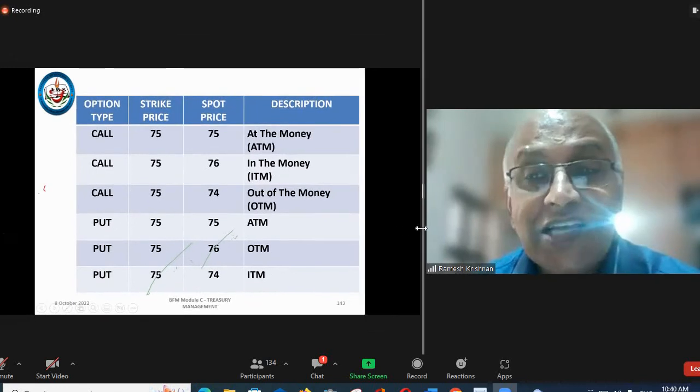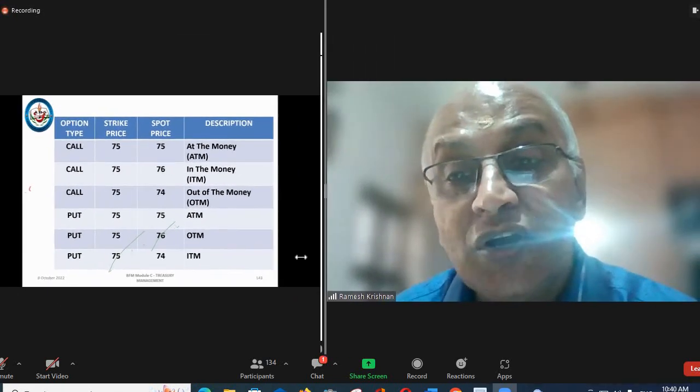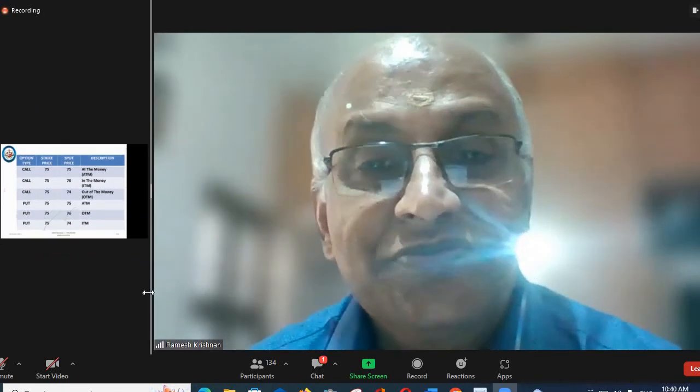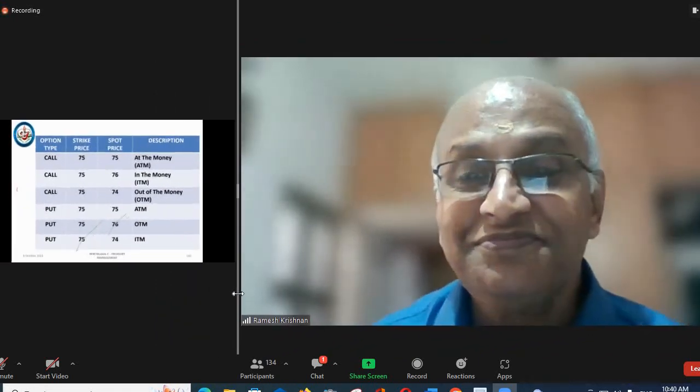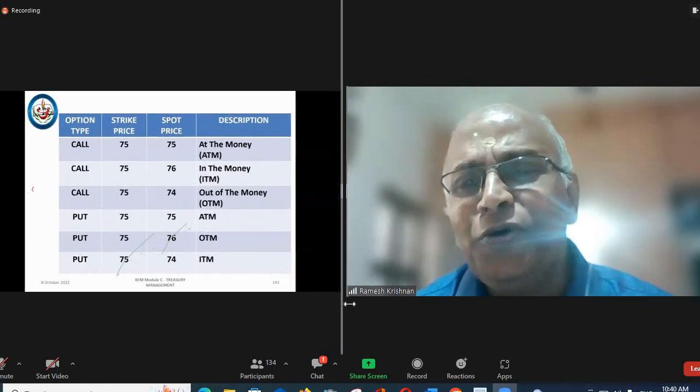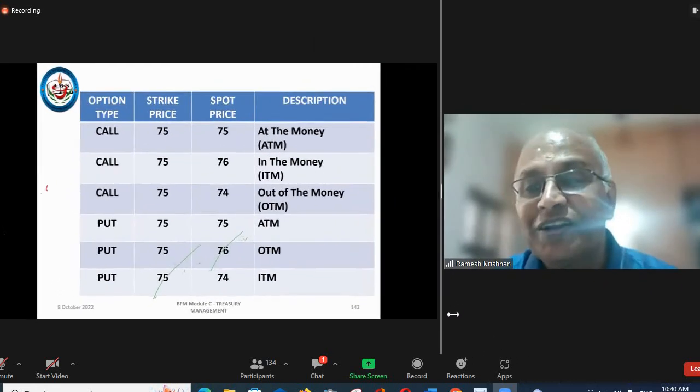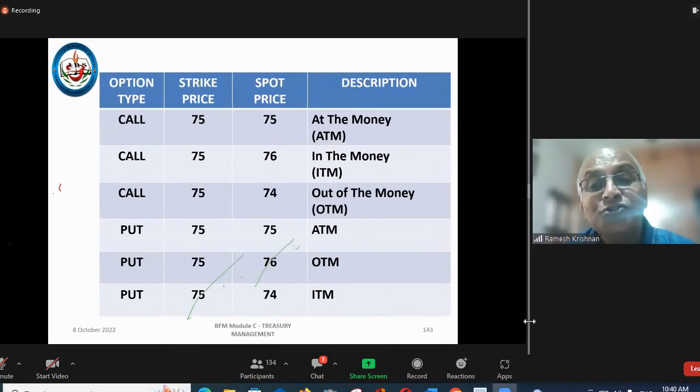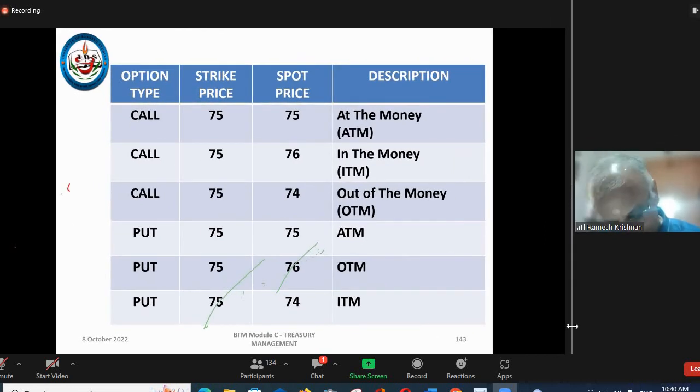So does that option carry any specific value? If you are holding that option, are you neutral? Neutral. Either you exercise the option or you go and do it in the market, you get 75. So this is called an at the money option.